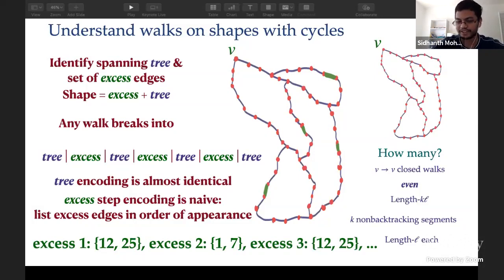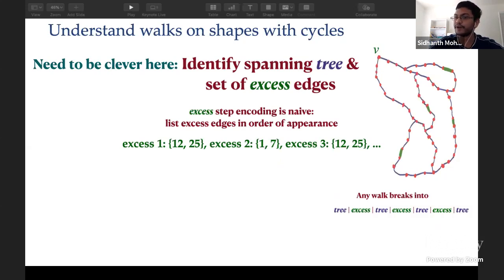But if the number of steps on excess edges is too big, we could run into trouble, because this list of excess steps could be really large. So we can't just choose any spanning tree. We need to be clever about which spanning tree we choose.